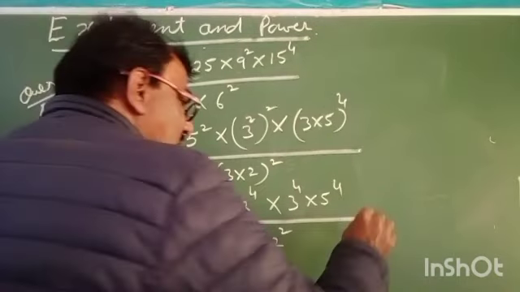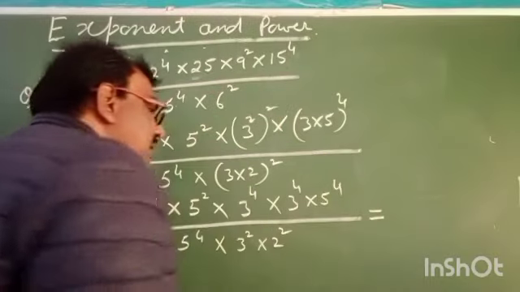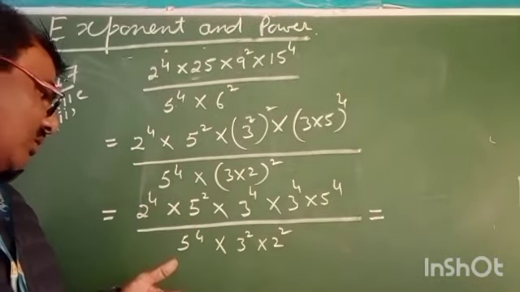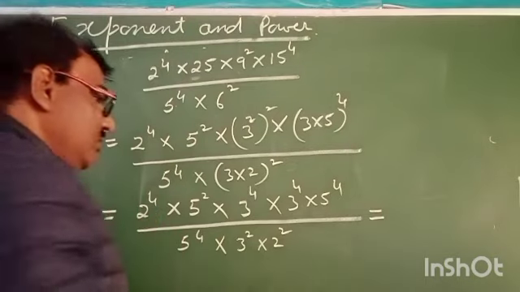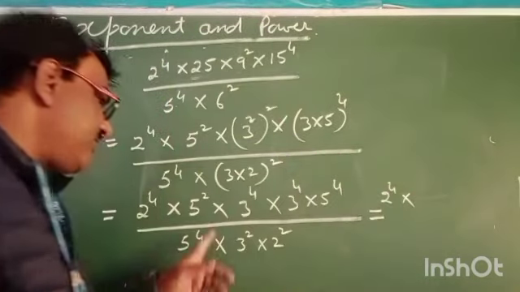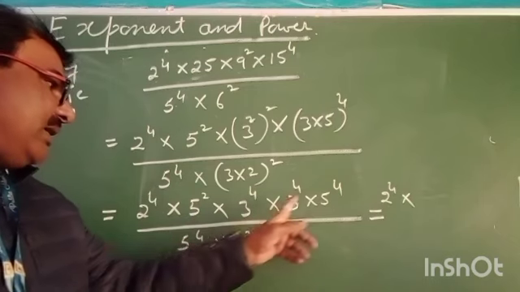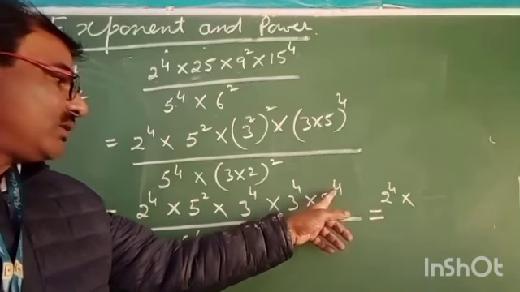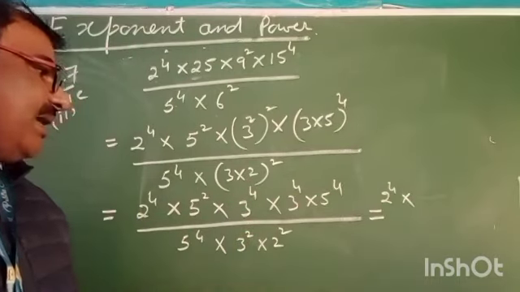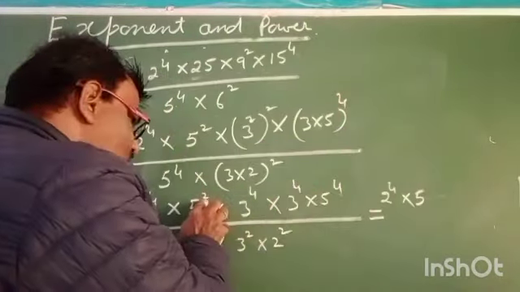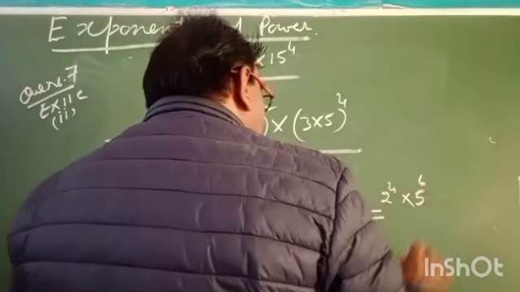So dear student, as you see here 2 to the power 4 multiply 5 square and 5 to the power 4. So the powers of 5, 4 and 2, will be added, and it will be equal to 5 to the power 4 plus 2, which is 6.